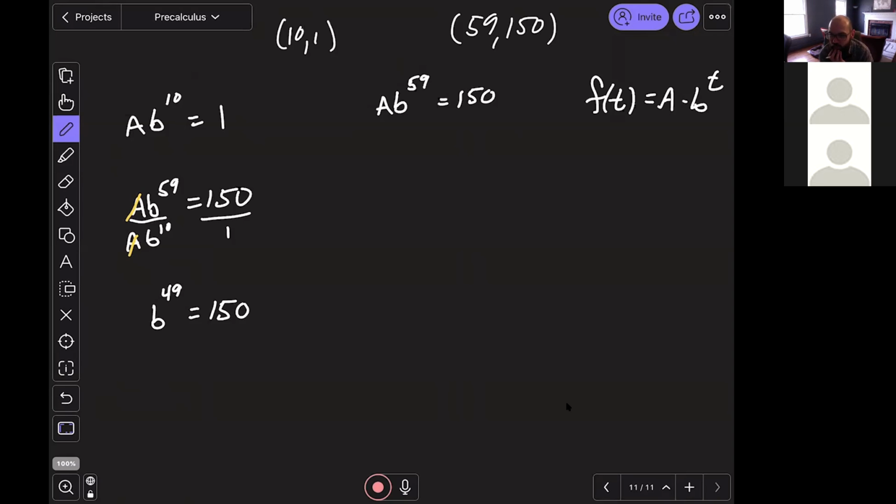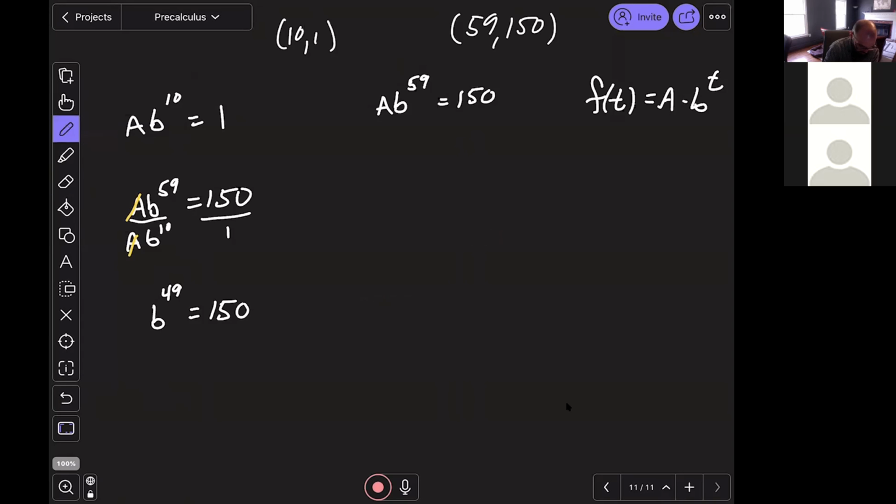That's pretty wild thing, right? But so in practice, taking the 49th root, you might write it like the 49th root of something. So we're not actually going to do that. What we're going to do instead is raise both sides to the 1 over 49.